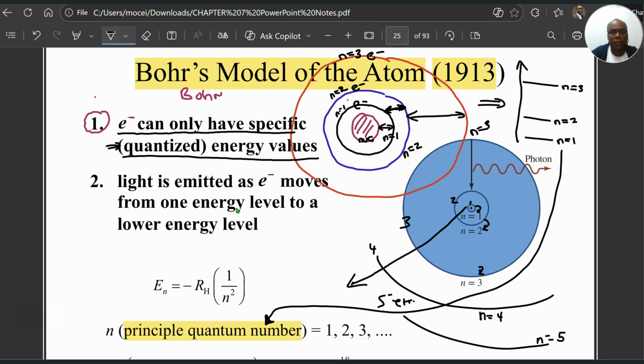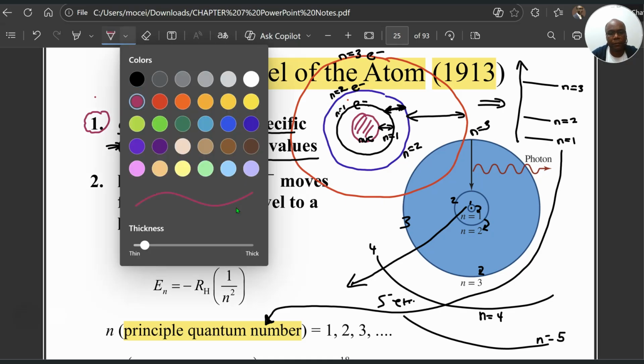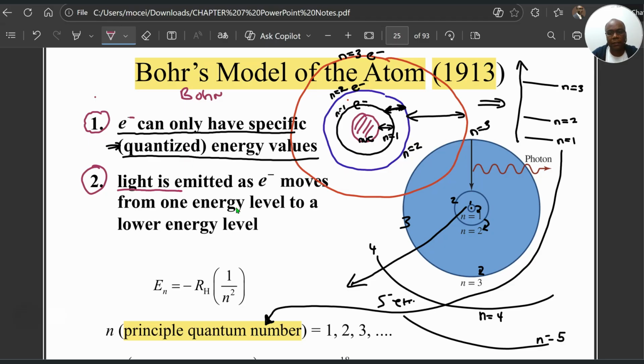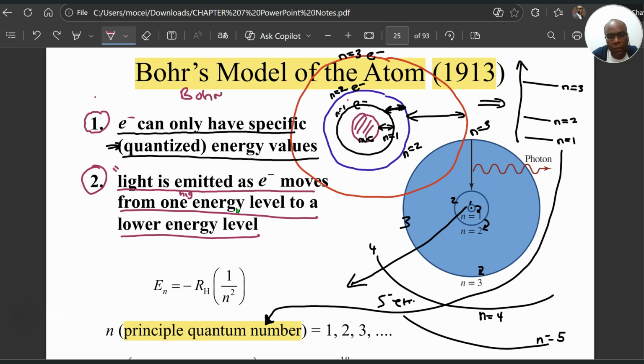So now there's this other rule right here, that light is emitted as electrons move from one energy level to a lower energy level. So I'm going to edit this and let it read that light is emitted as electrons move from a higher energy level to a lower energy level.